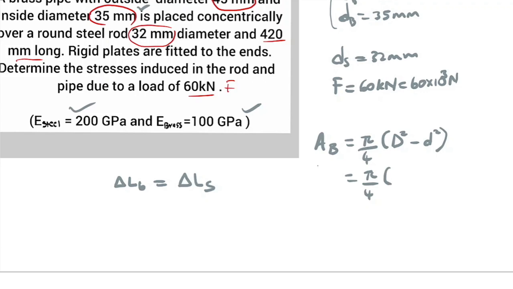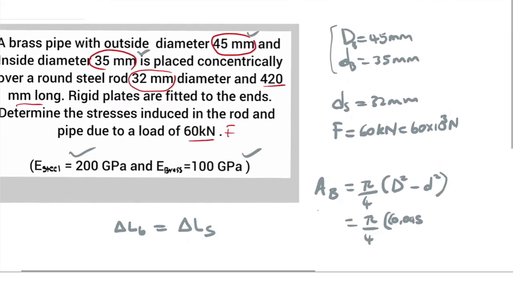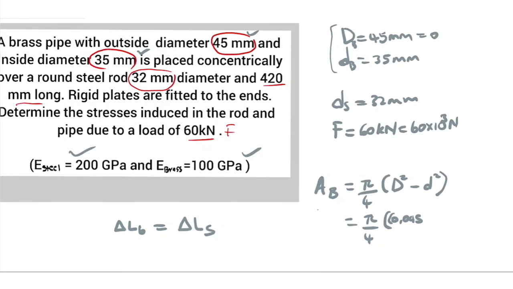The bigger diameter is 0.045 meter, the smaller one is 0.035 meter, and the steel one is 0.032 meter.